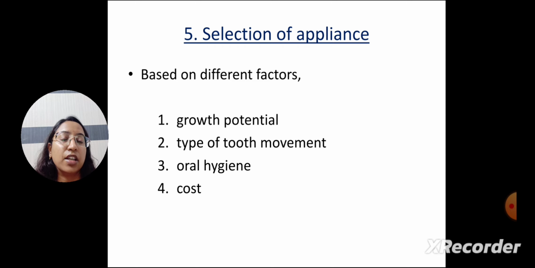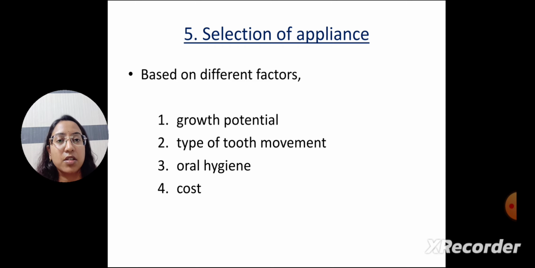Then oral hygiene, again removable appliances, they allow better oral hygiene compared to fixed appliances. But in case the fixed appliances has to be given, then the oral hygiene instructions have to be emphasized at every appointment so that the deleterious effects are minimized.